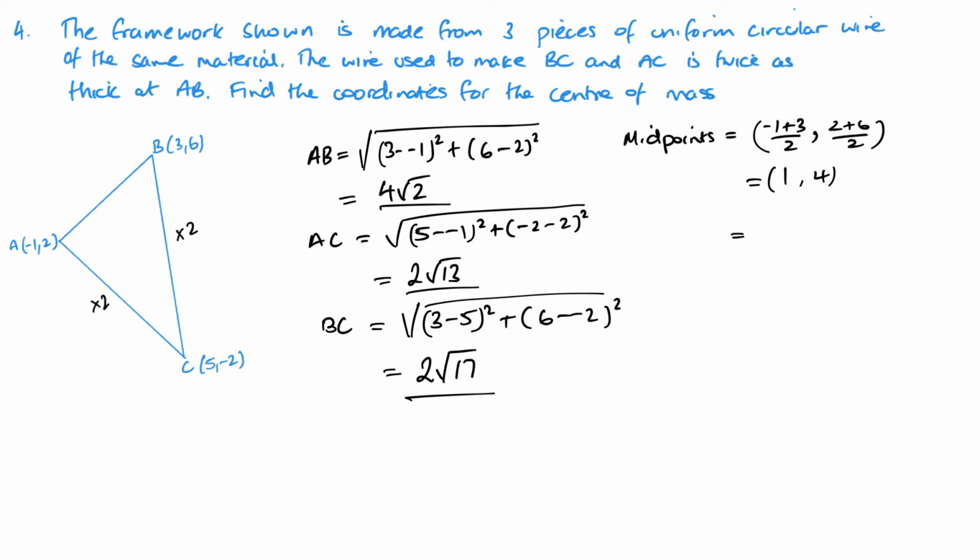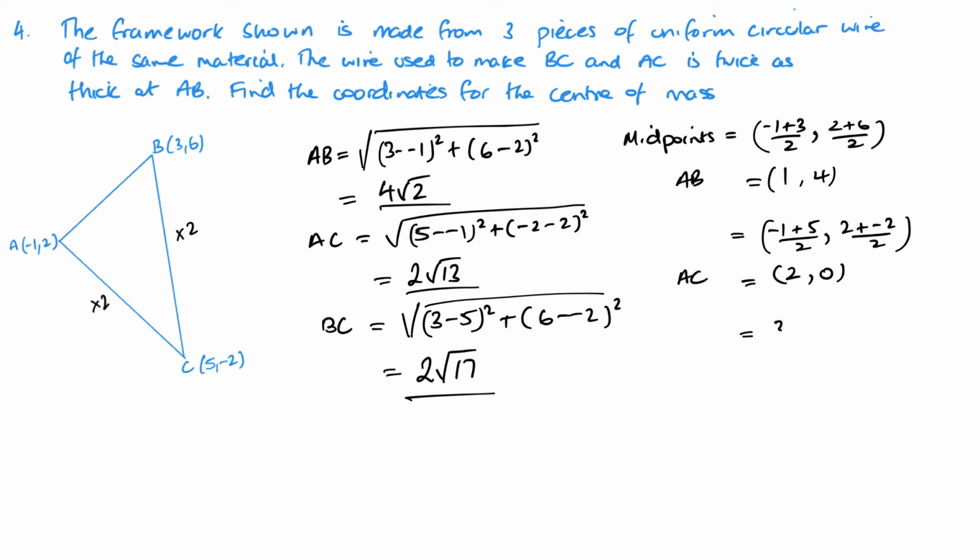Now for AC, we've got minus 1 plus 5 over 2, and 2 plus minus 2 over 2. So that's going to give me 4 over 2, which is 2, and 0 over 2, which is 0. So this is AB's midpoint, this is AC's midpoint, and now we're looking at BC's.